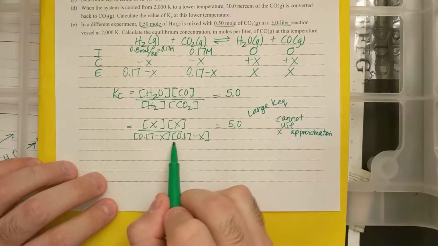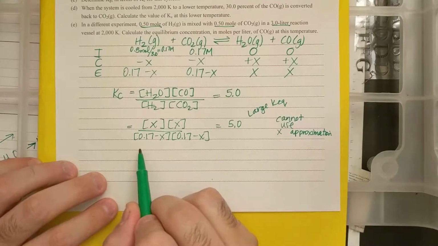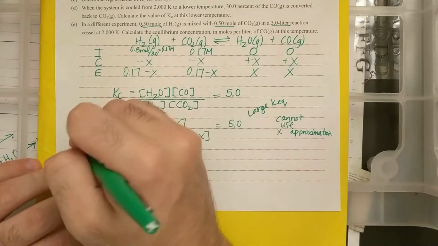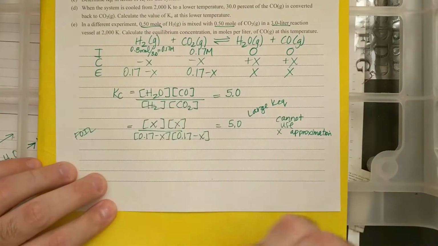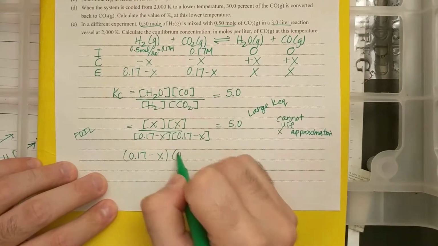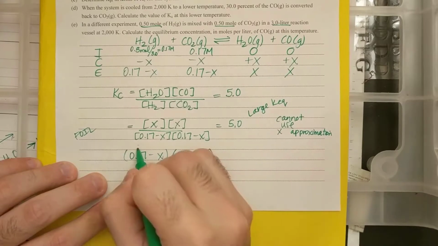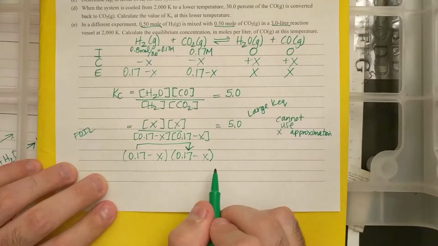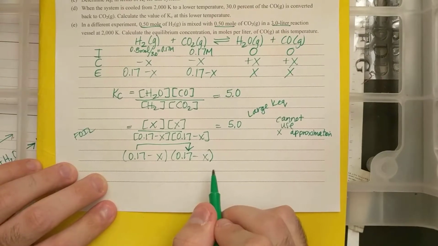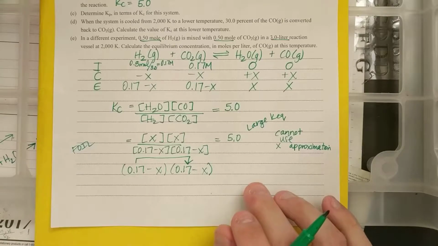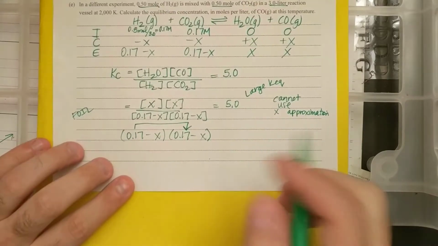Now if I have two expressions like this, where I have 0.17 minus x, 0.17 minus x, this is like FOIL, if that looks or sounds familiar. So I'm going to do the FOIL method. The first terms are 0.17 times 0.17, and according to my math before, I get 0.0289.